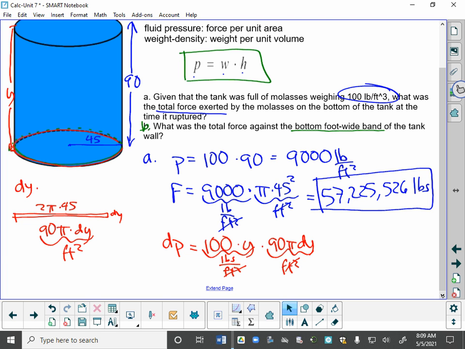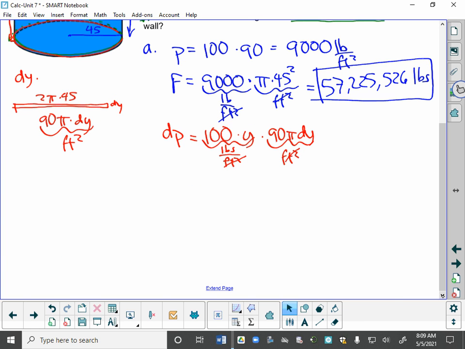So, that's what that B was that I had in there. Let's extend our page here. Now we just want to add up all of those sample slices. Okay, so let's clean this up a little bit. Our little bit of pressure was that, but now we have changed it into a little bit of force.